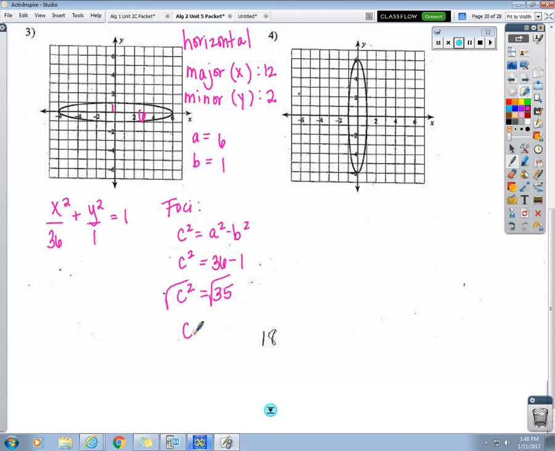And so when you square root both sides, you get 5.9. So you have to go 5.9 this way, which is almost at the edge pretty much, and 5.9 this way. And so those coordinates are 5.9, 0 and negative 5.9, 0. Okay, try number 4.